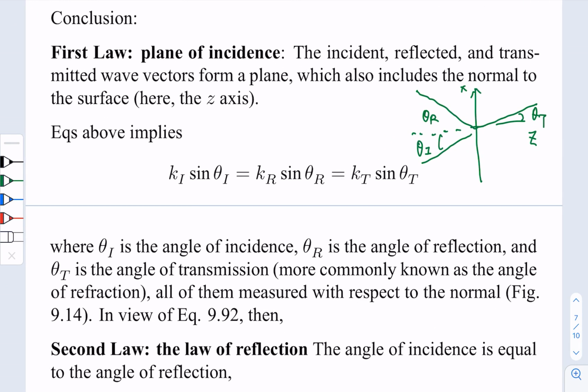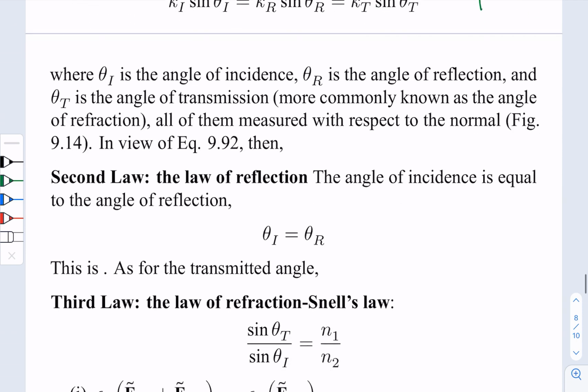But remember that the k vectors across a boundary can be slightly different, and they differ by a factor of nr over ni, because of k times v equals omega, where omega has to be fixed, and the speed of propagation can be different for different media.